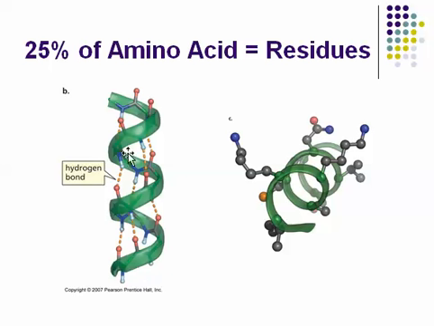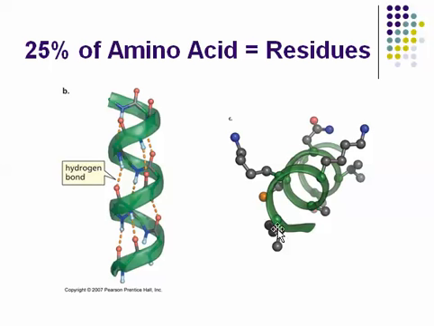So hydrogen bonding, you can kind of see that's here. The blue, of course, are the nitrogens. The red are the oxygens. So you're actually seeing the amino group and the carbonyl group behaving together in such a way that it creates this hydrogen bond that's keeping this corkscrew nature in place.